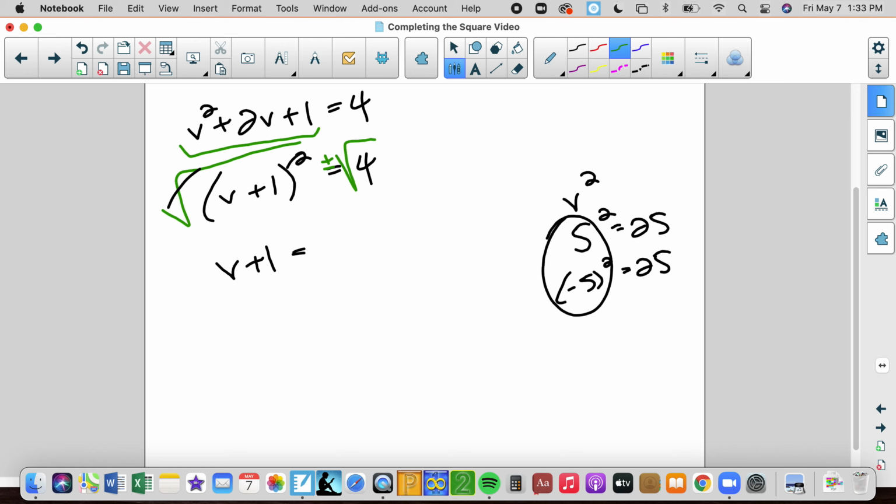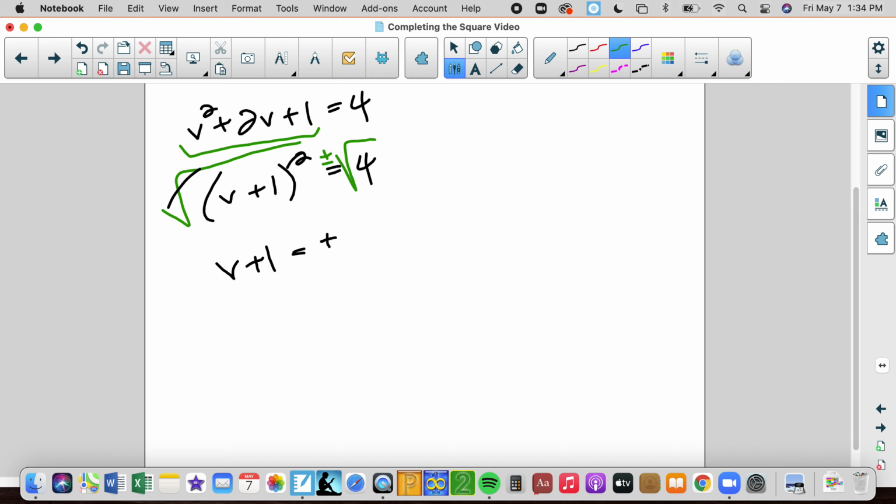So that variable can be either plus or minus, which will produce that same value. So whenever I take the square root of a variable being squared, I have to do plus or minus on the other side. So that is going to become plus or minus the square root of 4, which is 2. So we have v plus 1 equals plus or minus 2.